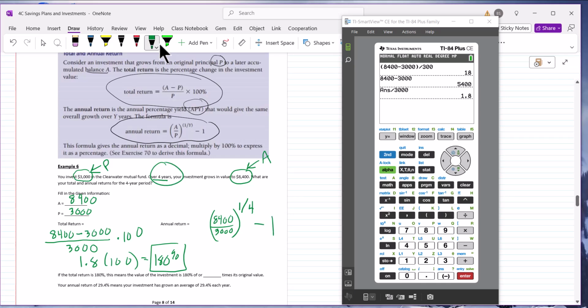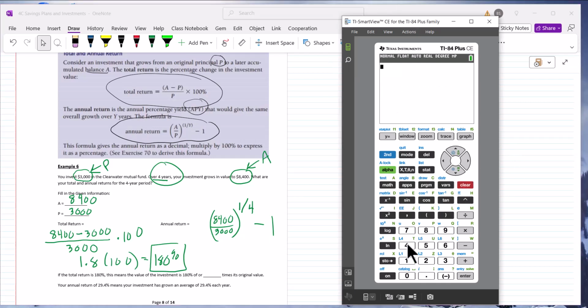I recommend doing it all in one step on your calculator: parentheses, 8,400 divided by 3,000, close parentheses, then raise to the power, with parentheses to be safe, 1 divided by 4. Be sure you get out of the exponent and then subtract 1. That's how it has to be put in your calculator.